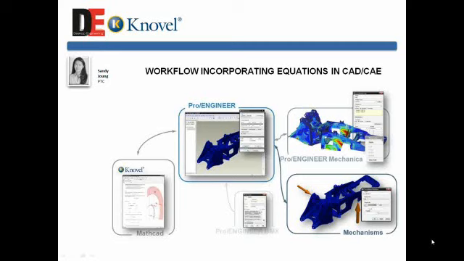Okay, Kenneth. So this type of information can be incorporated again in several different stages of the design process, and this workflow kind of illustrates that a little bit. So again, early and upfront in the design process, using some of this data about the materials from Novel and MathCAD, this information can be used to drive some of the geometries in ProEngineer, which hopefully gives you the performance results that would be validated in ProEngineer Mechanica, or even in the mechanisms application.